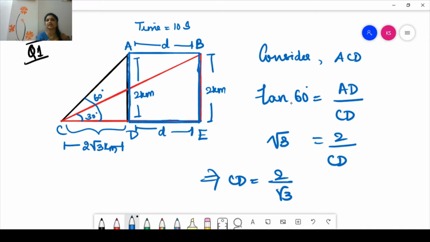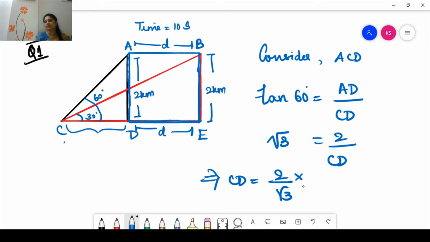This is a standard angle. You will get it in the table. So CD is equal to 2 by root 3. Now always remember that the denominator of any fraction should not be irrational at any point in time. We need to convert it into a rational number for us to be able to operate with it. So how to rationalize root 3?